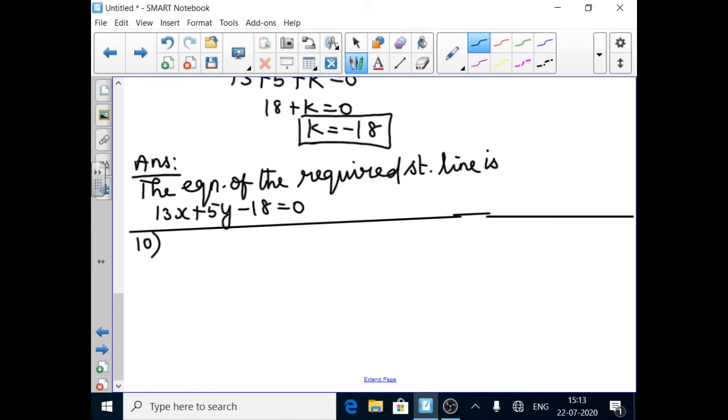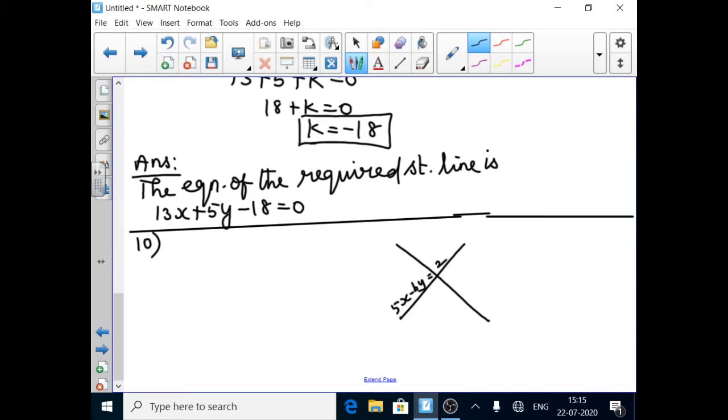10th sum. Find the equation of the straight line passing through the point of intersection of the lines. Draw a line for the point of intersection. Intersection means you have to draw the two straight lines. For the first line I write 5x minus 6y is equal to 2.